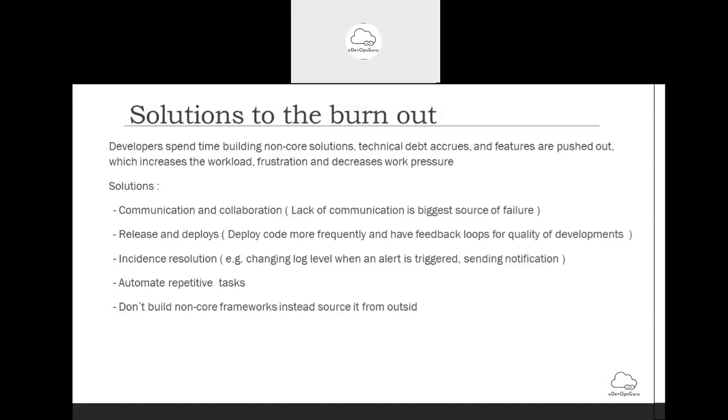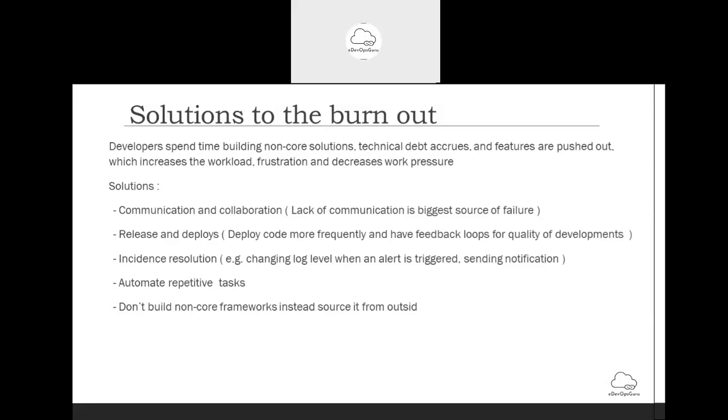So the first part is we should automate the repetitive tasks. Developers should not focus on developing non-core frameworks. Instead, they should be sourced from outside, or be available in a central location.